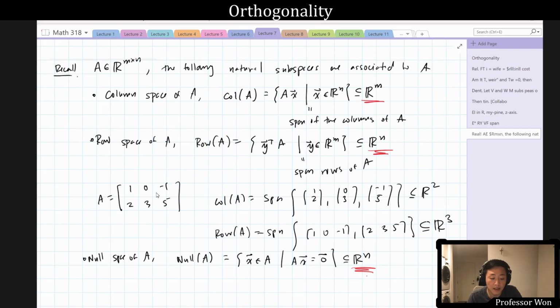So I couldn't, for example, ask, are they orthogonal? Because I can't even take their dot product. But I can ask about the row space and the null space, because those do live in the same vector space. Even though the row space consists of row vectors and the null space consists of column vectors, I can still think of them as both living in Rn because they both have n entries. Okay, so it's a technical point. It's not really that important.